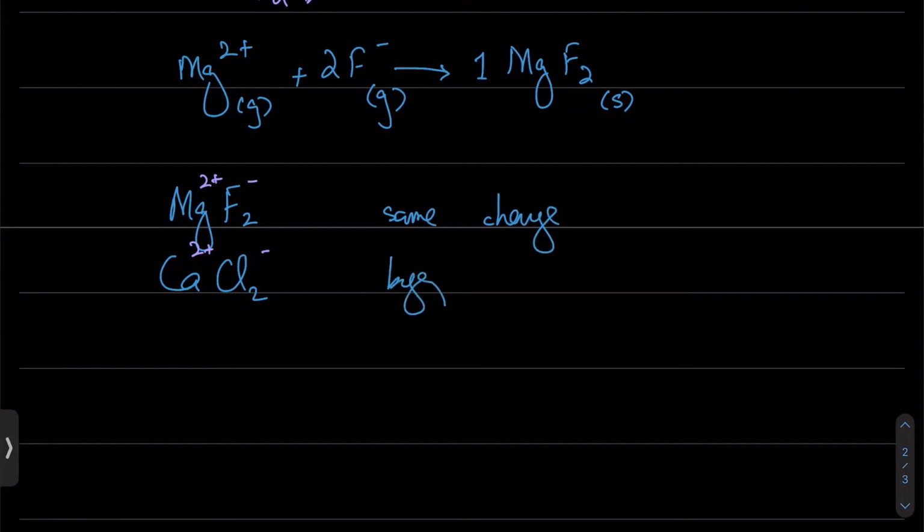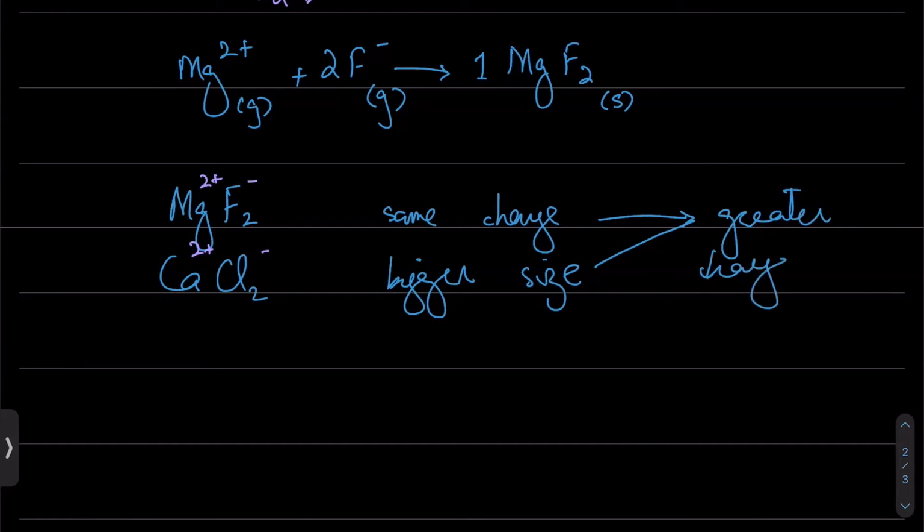You have bigger size. So same charge, bigger size leads to greater charge density in magnesium fluoride. Because magnesium fluoride has greater charge density, it will obviously have stronger lattice enthalpy.